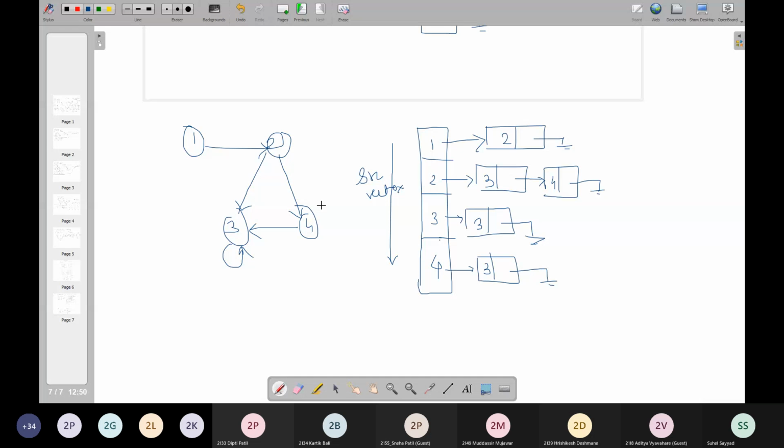Nothing else. This edge is 2, 4. So for 4 only one edge will be there, that is 4, 3. So this is the adjacency list representation of this particular graph. Is it clear? Any doubts in these examples? Yes, my dear students, any doubts?